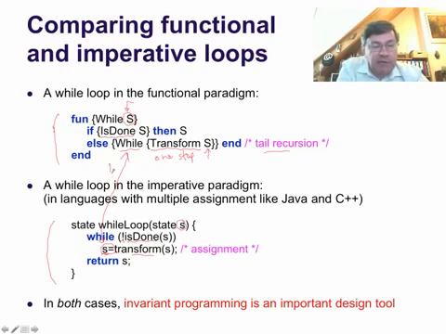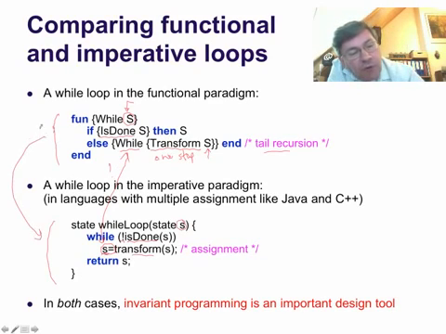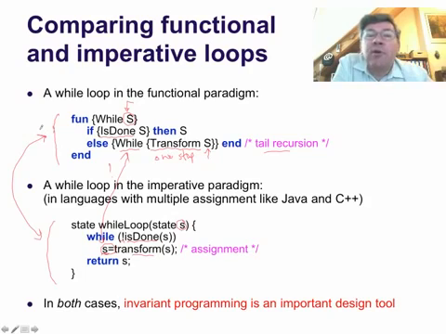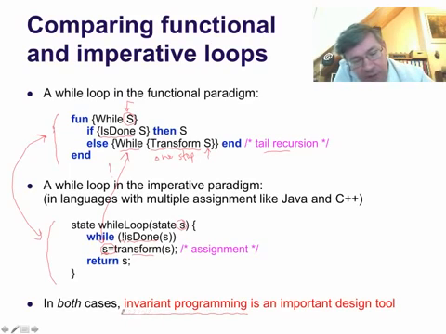So syntactically, these two solutions are very similar. You could translate one into the other automatically. And in both cases, invariant programming is the key. It is the important design tool that lets you come up with the correct loop in the easiest possible way.